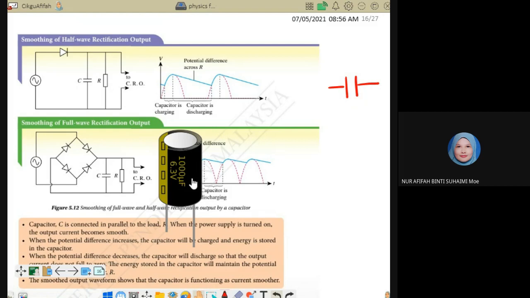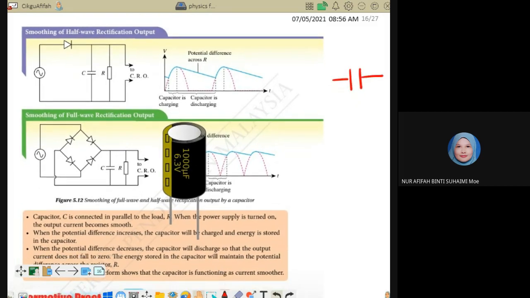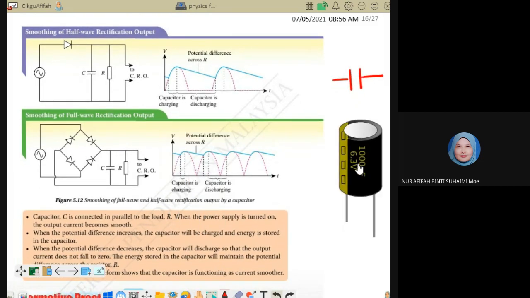Okay, ini kapasitor yang dua kaki ni. LED pun dua kaki juga, tapi satu panjang, satu pendek, kan? Yang LED yang lampu, light emitting diode. Tu pun diode juga yang dua kaki. LED pun adalah diode. Ada cathode, ada anode.